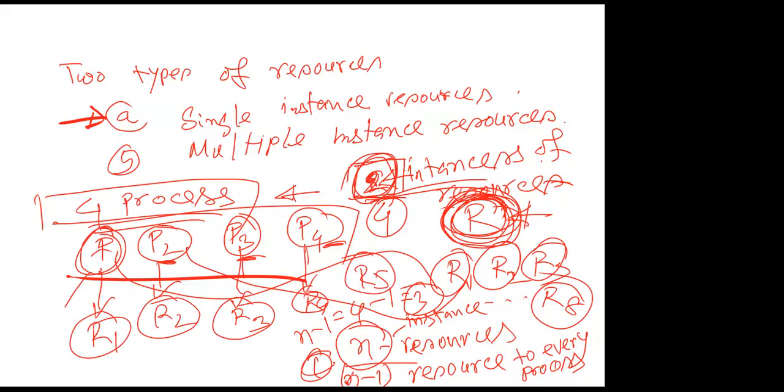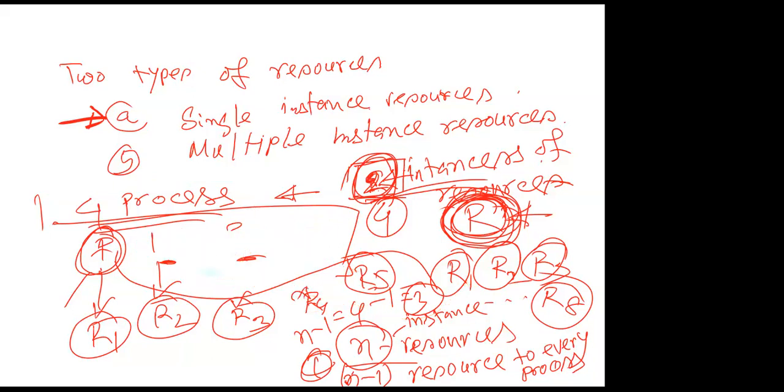P4 can take the extra resource R5 along with R4, and it completes the execution. Once it completes execution, it will release all its resources, R4 and R5. Then P3 can take these resources, and P2 can take these resources, complete its execution, and release all of these resources. Then P1 can take one of these resources and complete its execution.